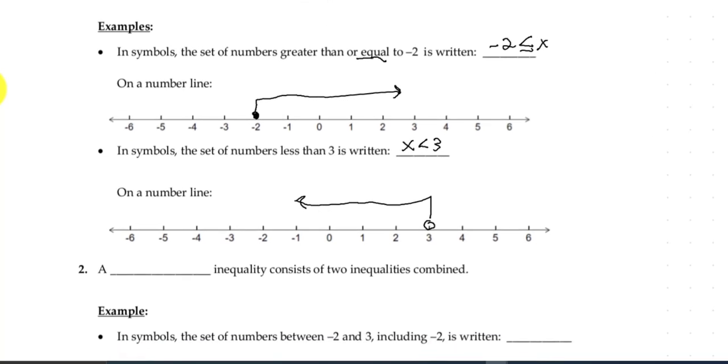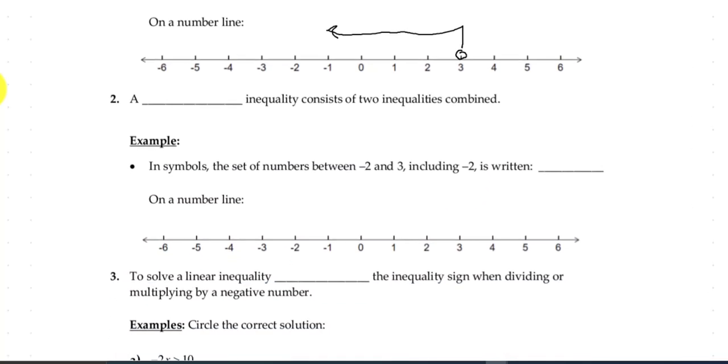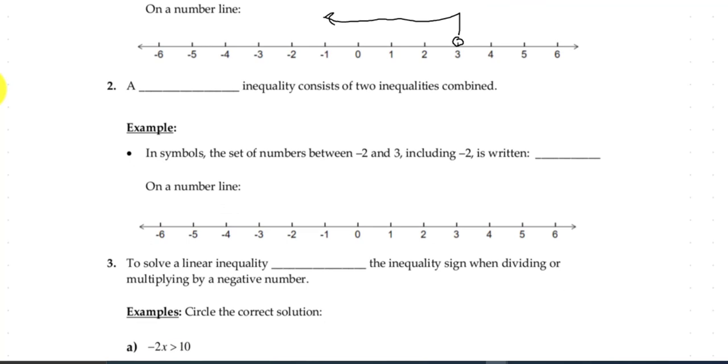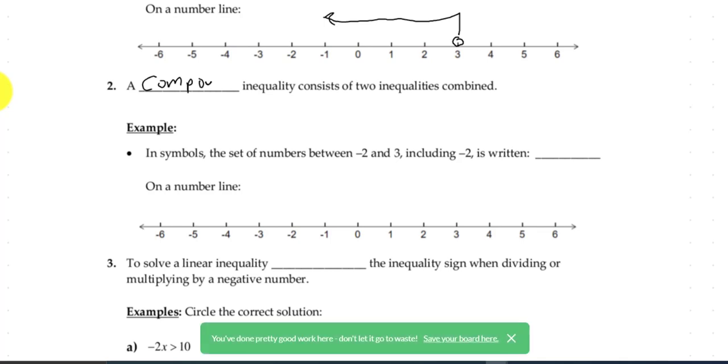See if I can move this up a little bit. All right, so a compound inequality consists of two inequalities that are combined, right? So in symbols, the set of numbers between -2 and 3 is written. All right, so we're going to write our smallest quantity first, and the inequality sign is always pointing to the smaller value. And it says including -2, so I have to put the line. It's basically saying or equal to -2.